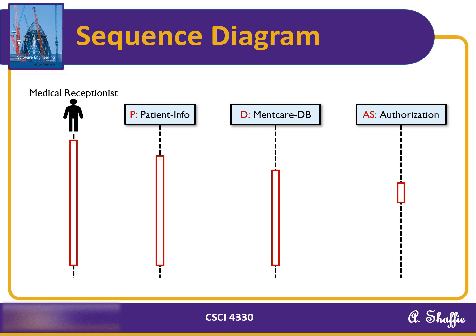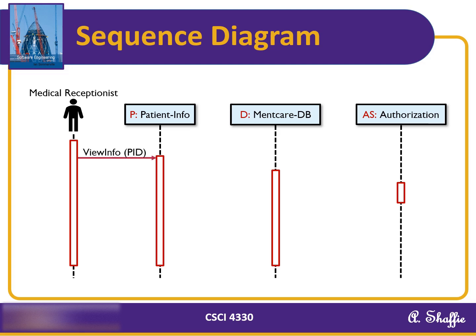These rectangles along the dotted lines mark the objects' lifelines or involvement duration. And then an annotated arrow displays interaction. Note that the sequence diagram is read from top to bottom.